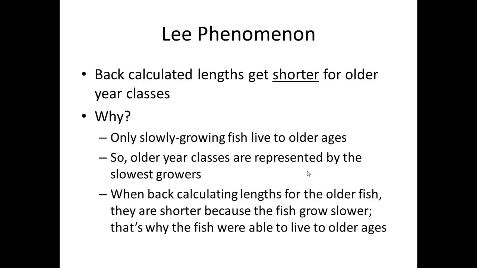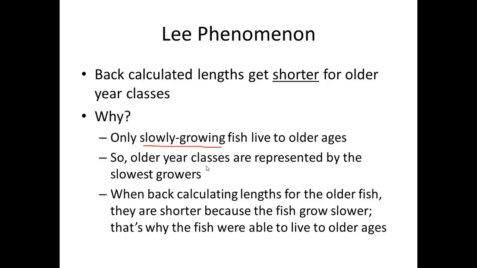And so that begs an interesting question. If this happens consistently, why does that happen? The most common explanation is that only slowly growing fish live to older ages. And so those older year classes are represented disproportionately by the slowest growers.